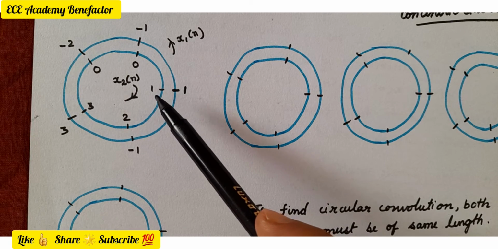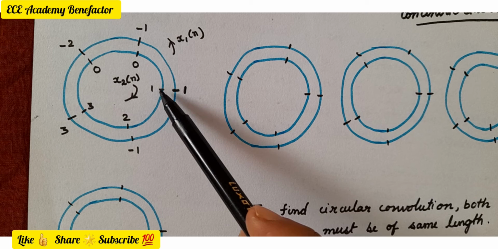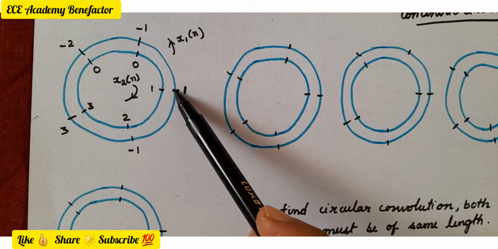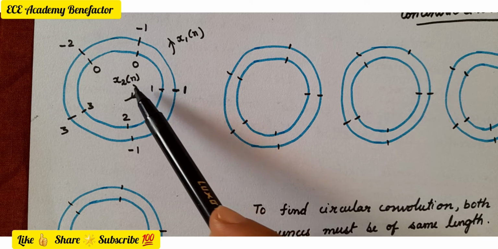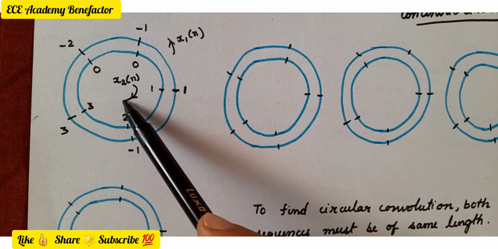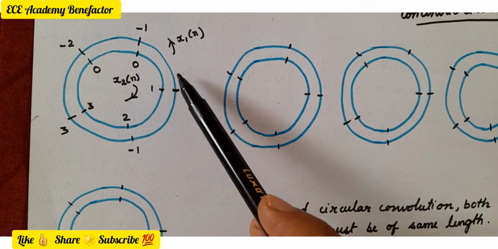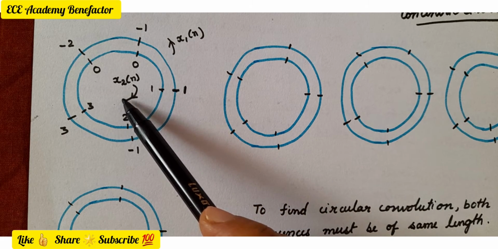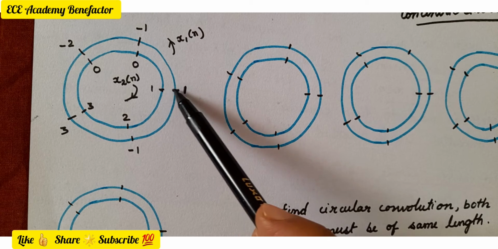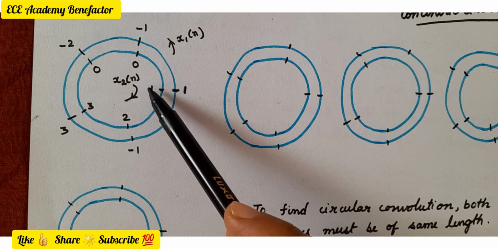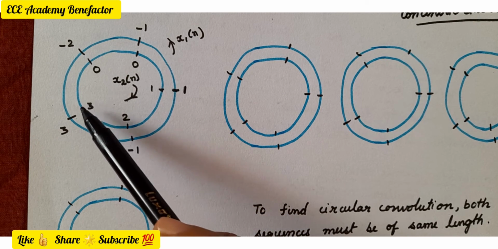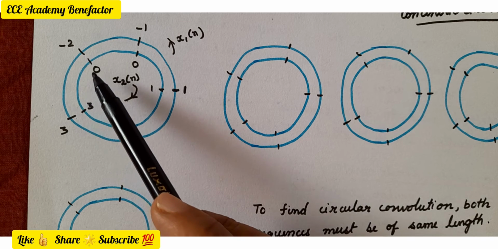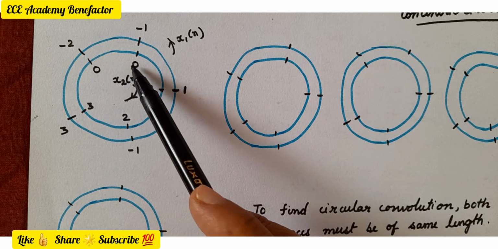Now we have to plot x2 of n. We start x2 of n at the same point where we started x1 of n, but plot it in the clockwise direction. x1 of n anti-clockwise, x2 of n clockwise, and the starting point is the same. So x2 of n is 1, 2, 3, then 0, 0.